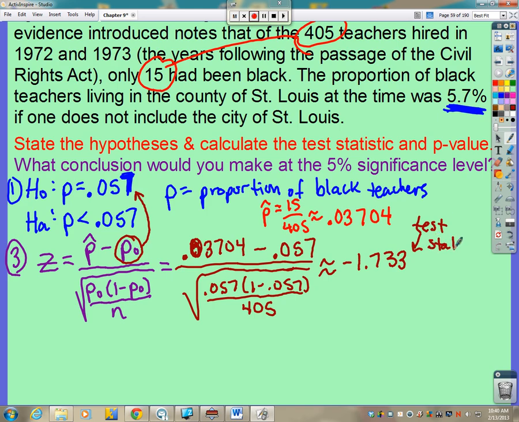And with my test statistic, I want to calculate a p-value. Okay, so really our sample of 15 out of 405 is 1.733 standard deviations below the mean, which is assumed to be this 5.7%. All right, so now let's take all this and let's move it up.